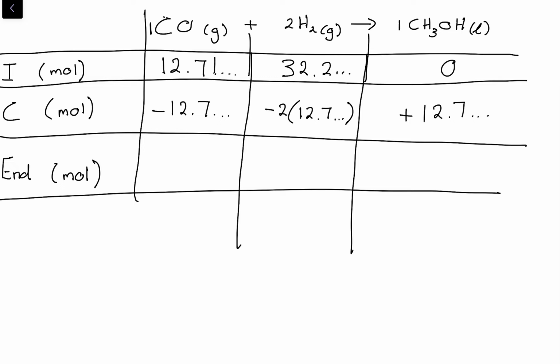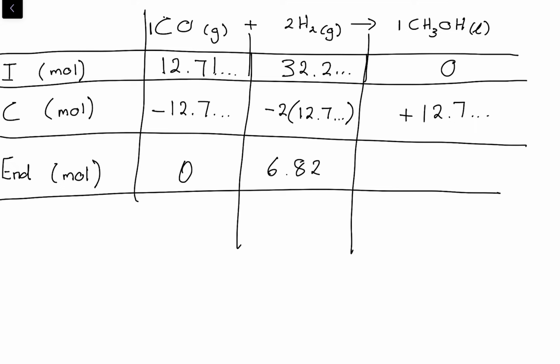So at the end, how much CO do we have left? Nothing, because it's the limiting reagent. A limiting reagent should always end up at 0. Your other reagents will end up at some number, so this ends up being 6.82.